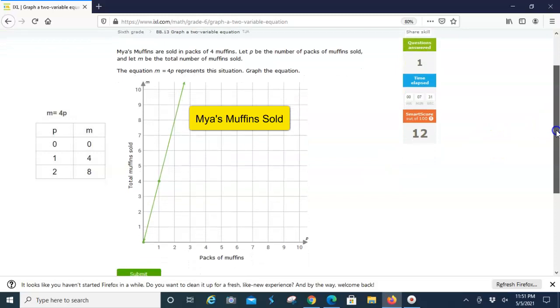Let me scroll down a little bit. You can see the x-axis is our packs of muffins. So we have the labels for our x and y axis. Our numbers are evenly spaced. And we have a title for our graph. So this is a great example on how to graph a linear equation.